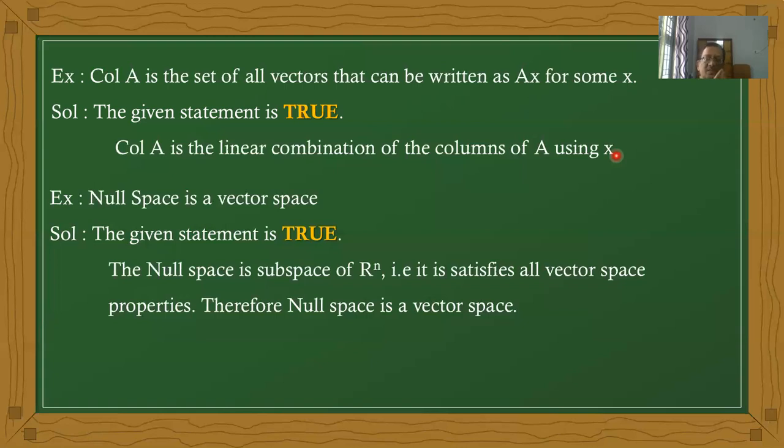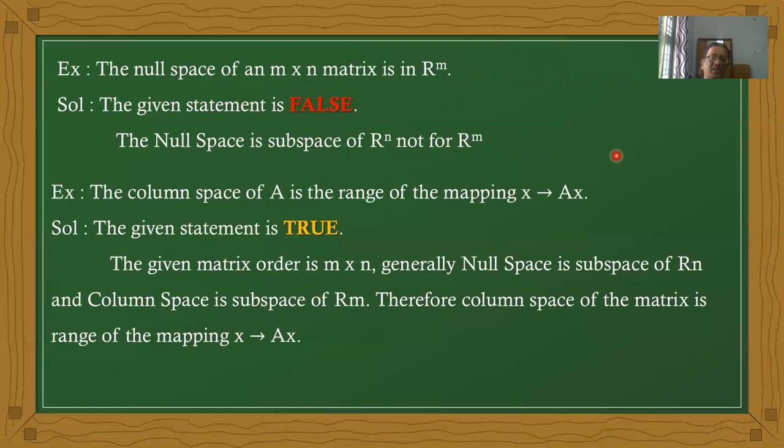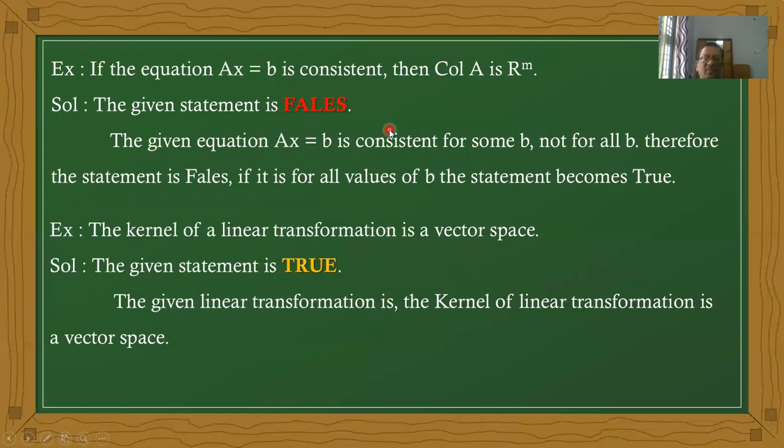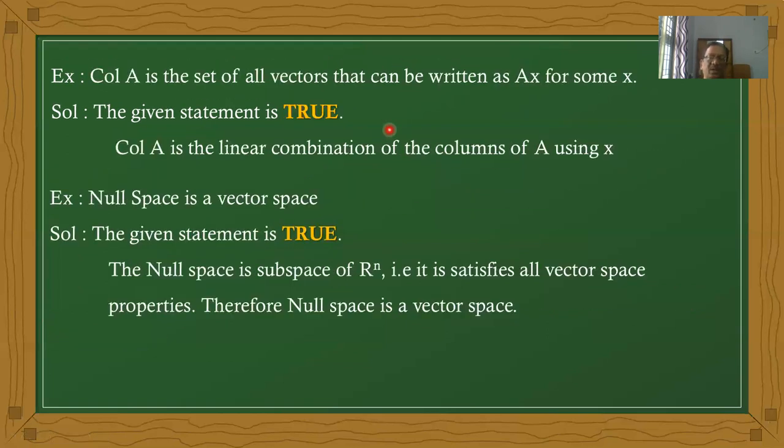Now next, null A is a vector space. Definitely, it is a vector space. What is the first property here in the true and false? Null space is a subspace of Rn. Similar type of problem. The given statement is true. The null space is a subspace of Rn.